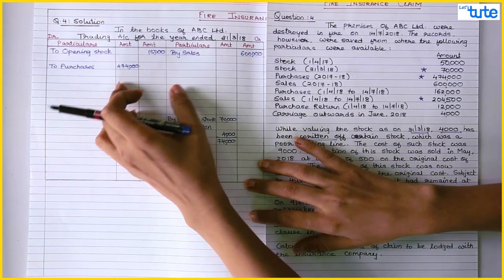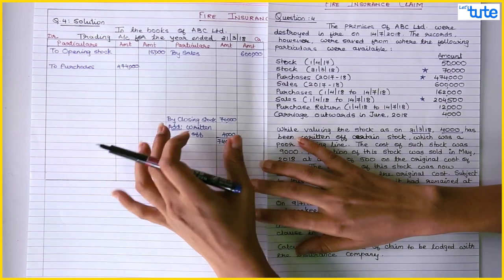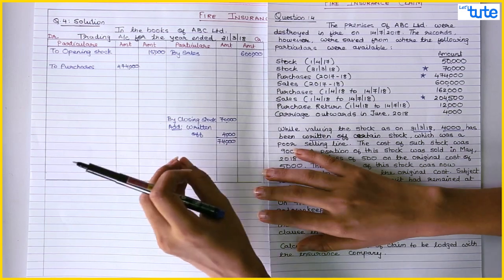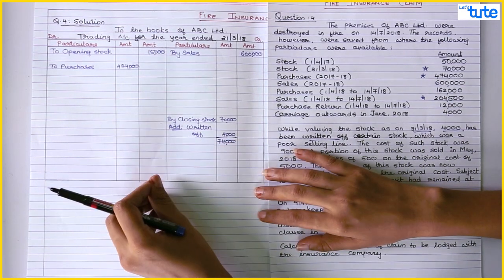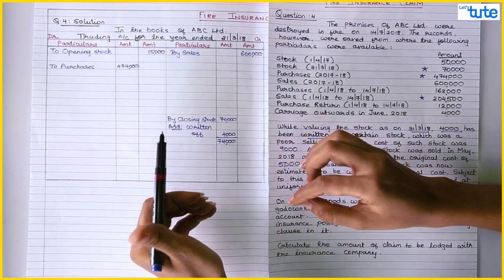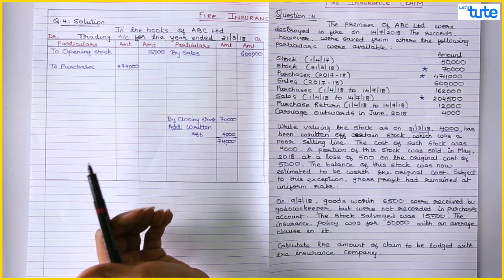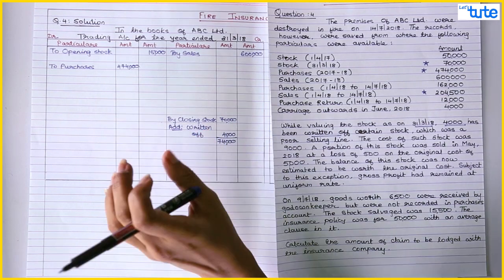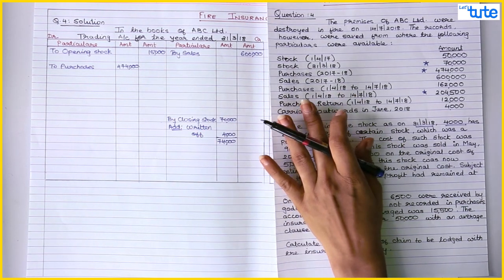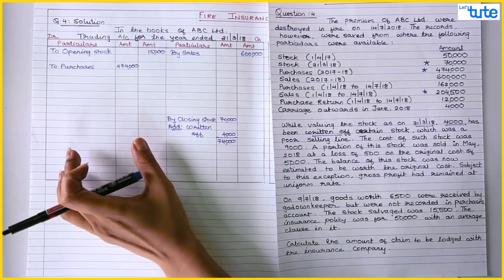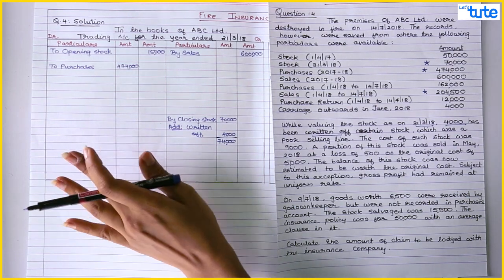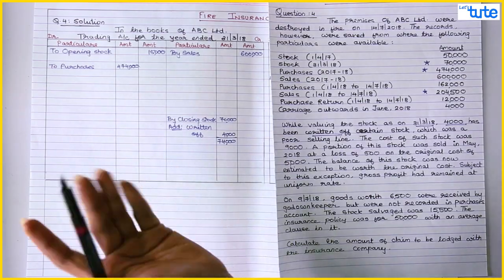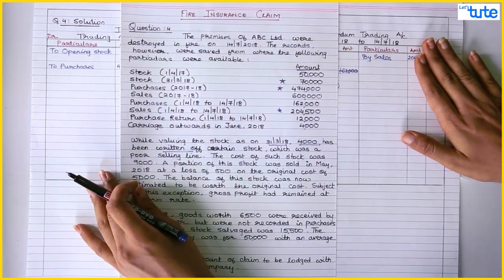So if those goods included in your purchases are not going to give you uniform GP, uniform gross profit, you should not include those goods in your normal trading account, because we have prepared the previous year's trading account to find out the GP ratio, and that GP ratio we are going to apply in the current year's trading account. So we can apply this GP ratio if it is a uniform GP ratio applicable on all the goods, which we can apply on current year's sales.